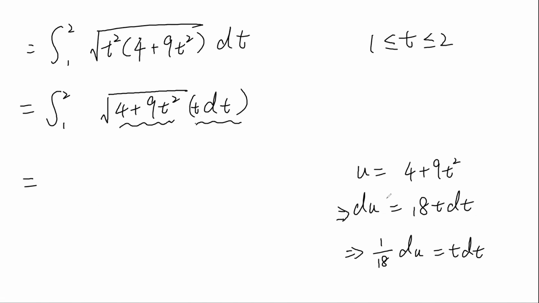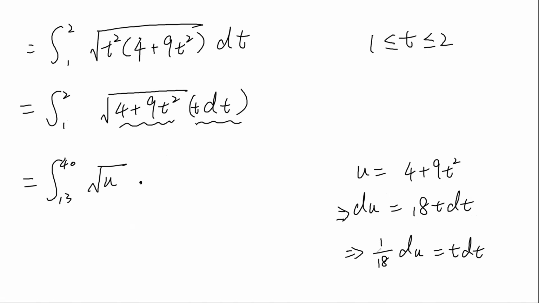So now we can do the u substitution. We first change the upper bound and lower bound from t to u. Since t is from 1 to 2, the lower bound for u will be 4 plus 9, which is 13, to 4 plus 36, which will be 40, of the square root of u.